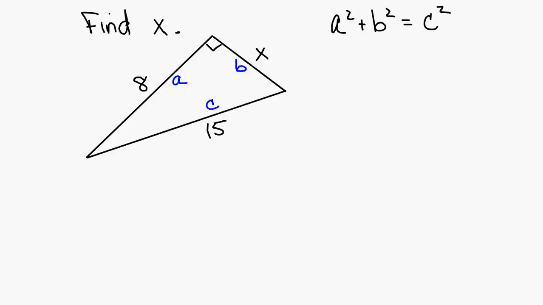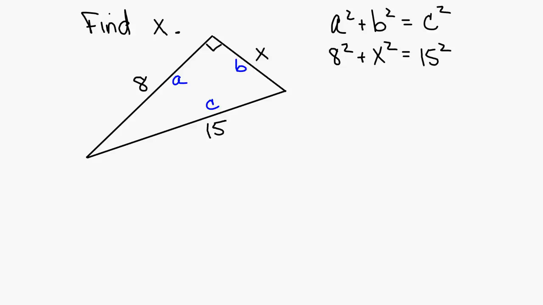And then substitute your values. So your A in this case is 8, so 8 squared plus your B in this case is x, so x squared equals your C is 15, so 15 squared.